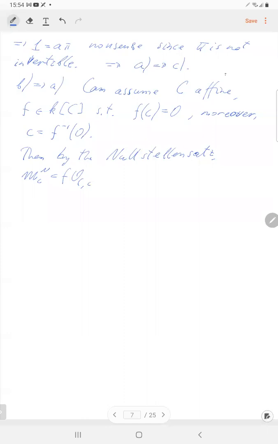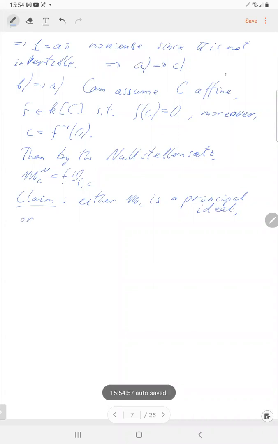And now there's a strange claim we're going to prove, namely that either the maximal ideal is a principal ideal, or else we can somehow descend. So its smaller power is also contained in the principal ideal generated by f.